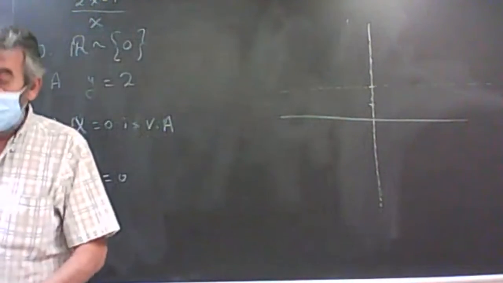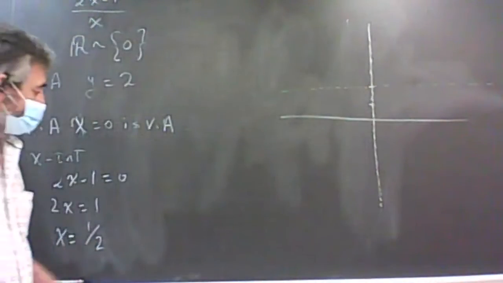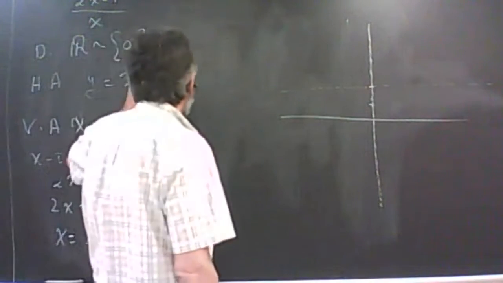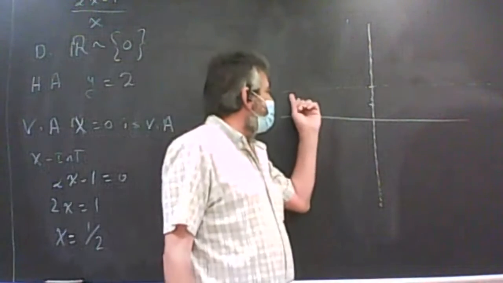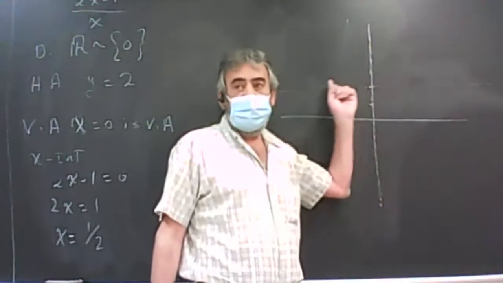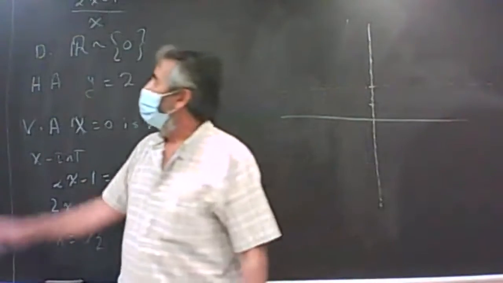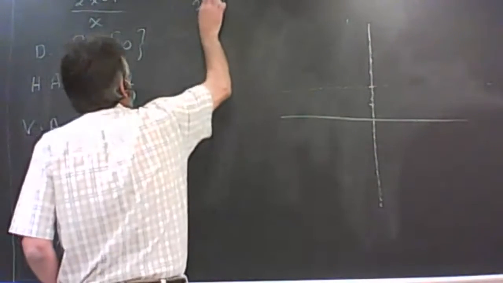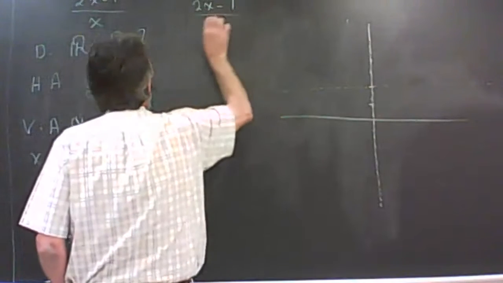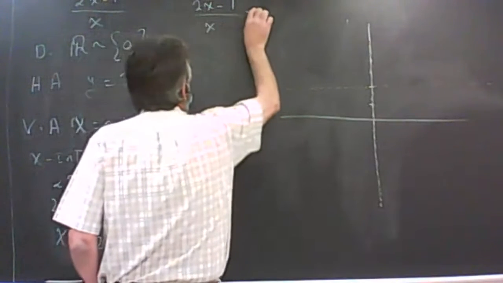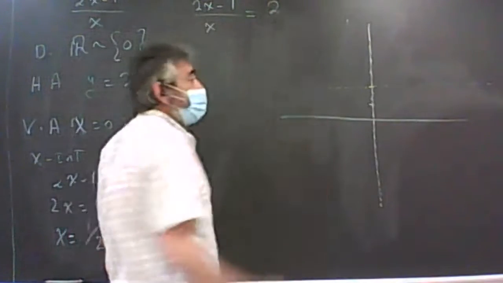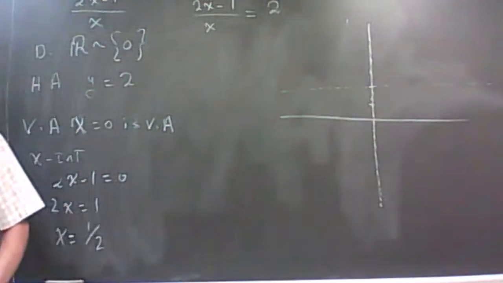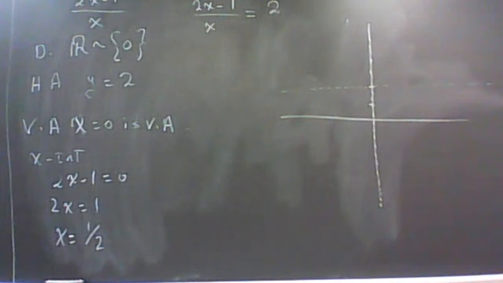Now, if you ever want to know if the graph is going to cross this line or not, you take the function, 2x minus 1 over x, and let it equal whatever the asymptote is. In this case, it is 2. Solve this equation.